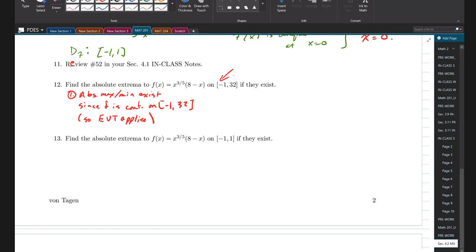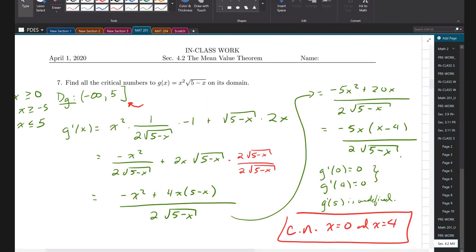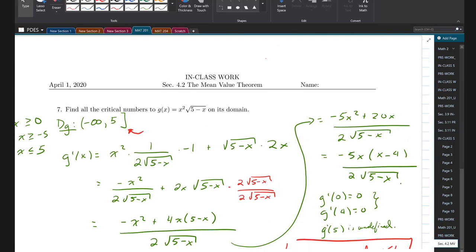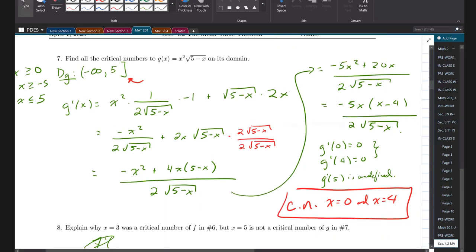And 5 was included in the domain of the function. But it's an endpoint. So for Rolle's theorem, we couldn't use it. So how do you know when we're applying Rolle's theorem versus when we're applying the extreme value theorem, which can include endpoints?